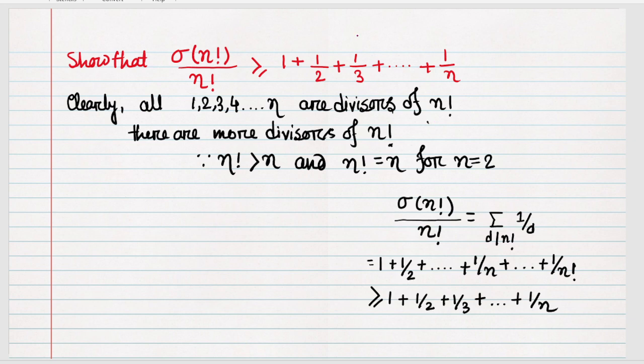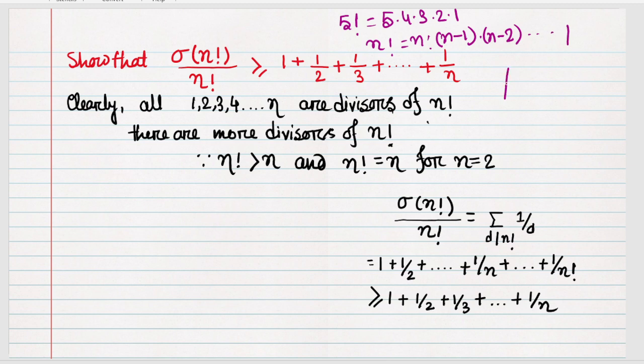We all know that. What does 5 factorial mean? 5 factorial means the product 5, 4, 3, 2, 1. So what does n factorial mean? n factorial means n times (n minus 1) times (n minus 2) followed by 1.